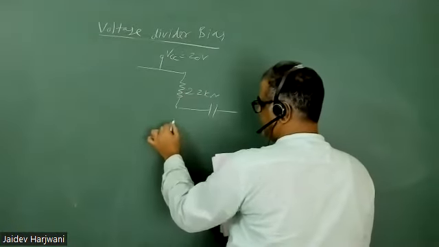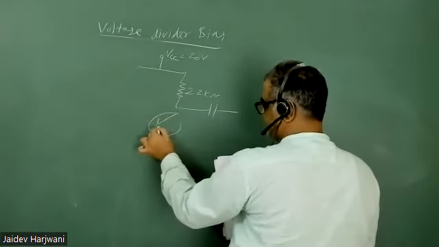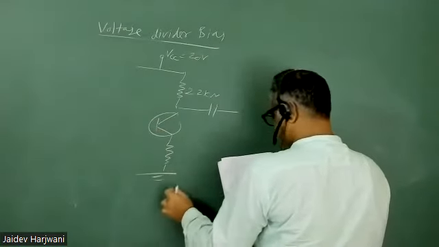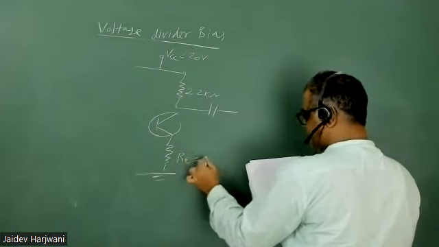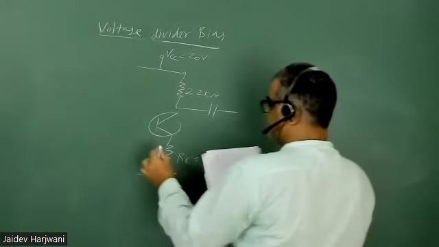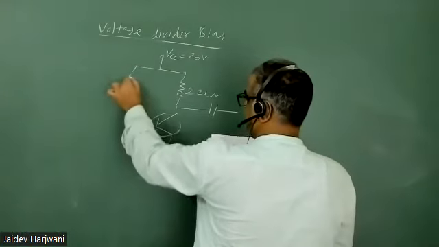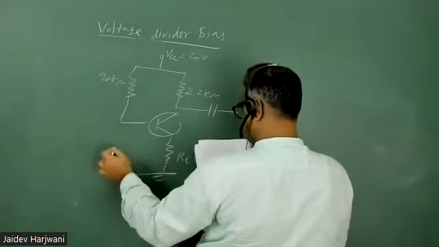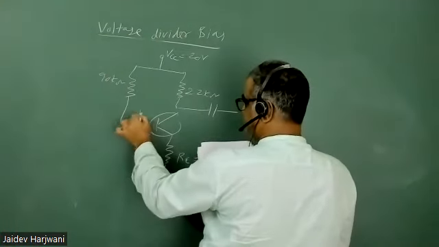Here we have a transistor, and here is RE, and RE value is 0.68 kilo ohm. And you have here 90 kilo ohm. IB is going here.